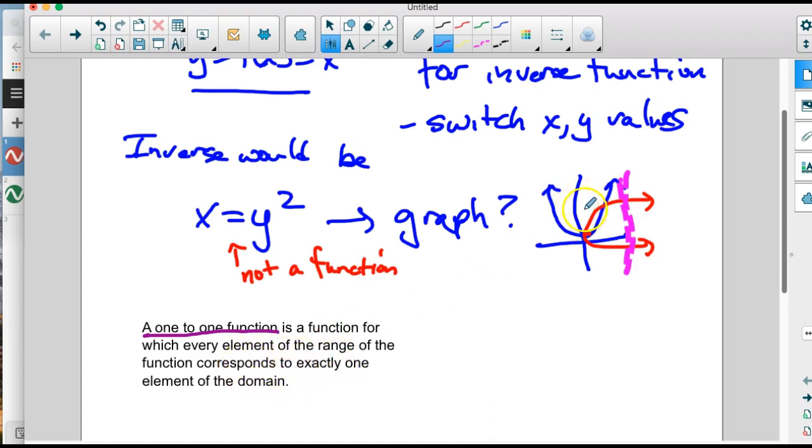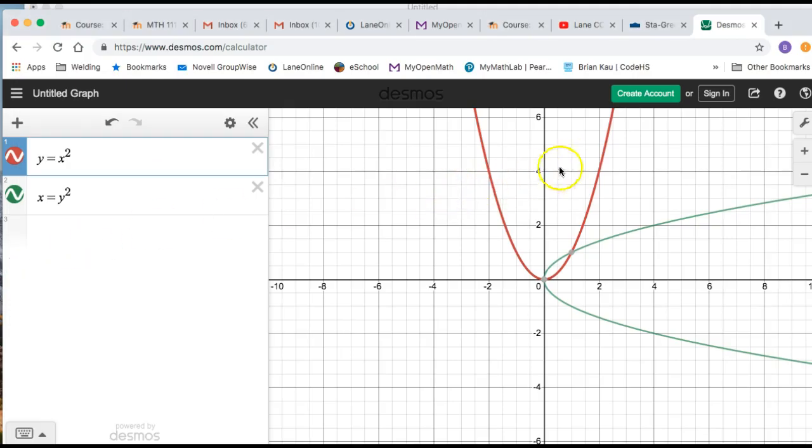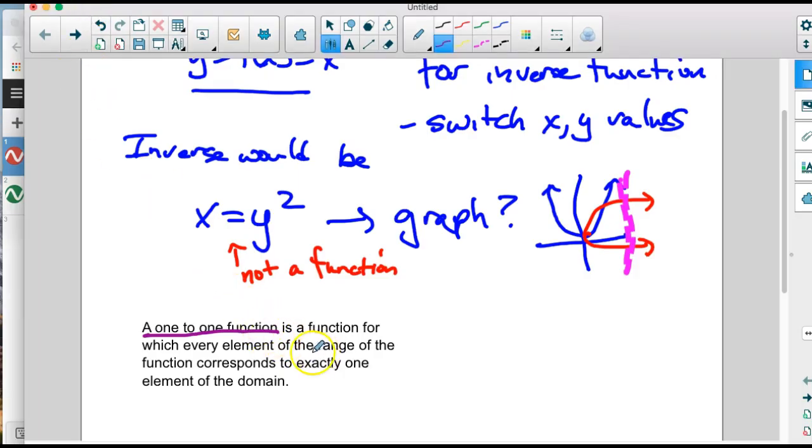So this one didn't work out because our range value of 4 on this graph had two domain numbers. It had a 2 and a negative 2 as its answer for 4. So there was not exactly one domain value that gives you 4, and that's why it doesn't have an inverse function. But if it's one-to-one, then it has exactly that.